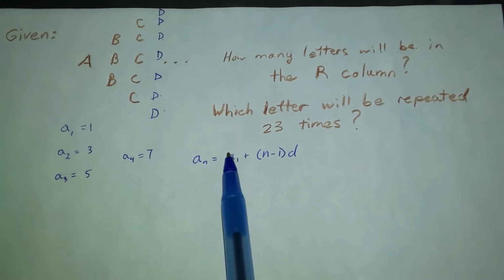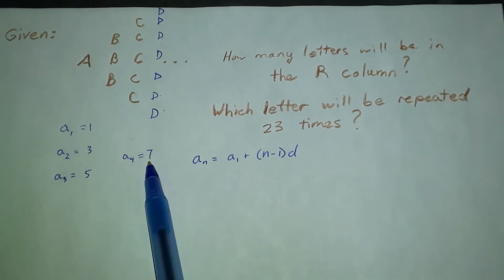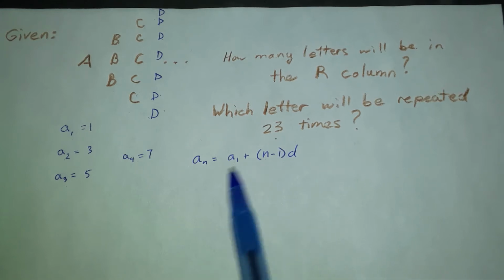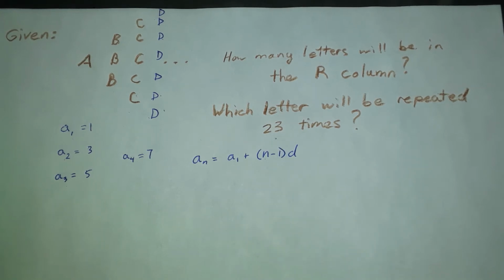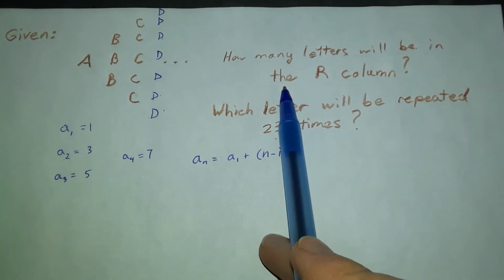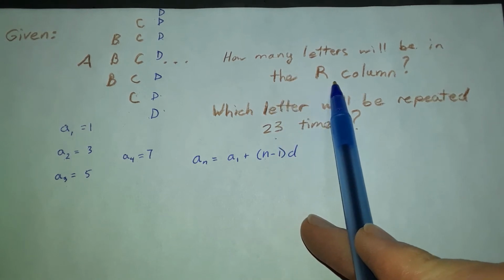So then what it ends up being is, if we want to know which letter is repeated 23 times, that's going to be our n value here. So that's going to be helpful in solving this. So how many letters are going to be in the R column?